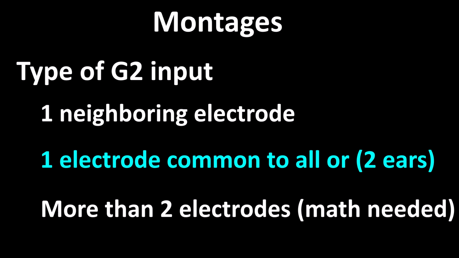For historical reasons, when the two ears electrodes are combined and connected to input 2 of all the differential amplifiers, the montage is still considered in this group. The third group consists of montages with more than 2 electrodes combined and entering through input 2. These include Laplacian and average weighted montages.